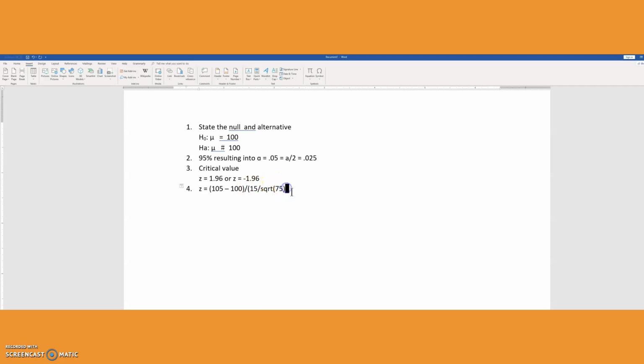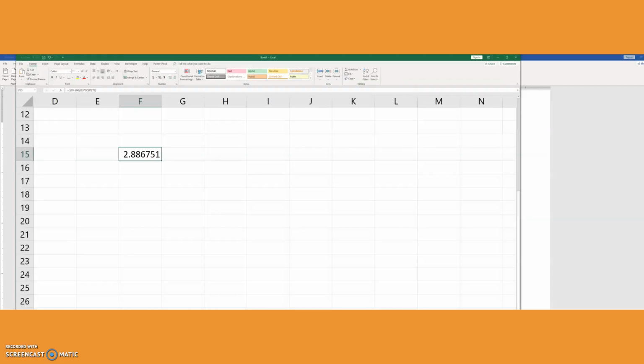But here we have to do it this way. All right, so let's go ahead and take that to Excel and see what we're going to come up with.